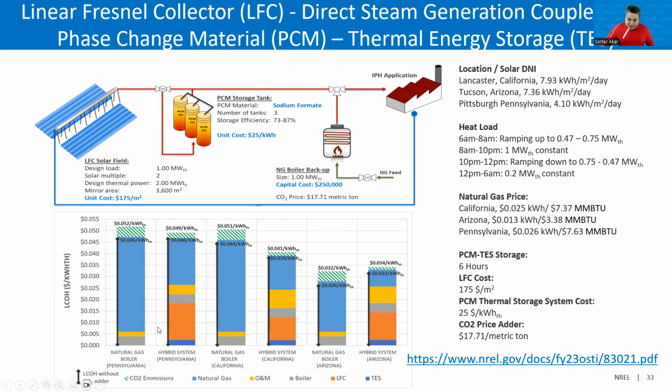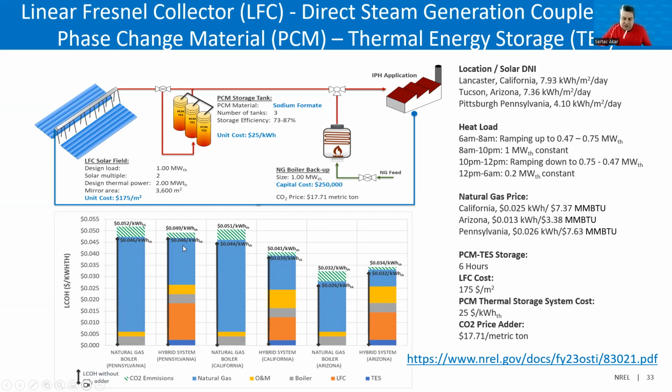And when we compare the standalone natural gas boiler system with respect to a hybrid solar thermal system, we can see the least solar DNI value in Pennsylvania gives us almost equal LCOH with respect to a natural gas boiler system because of adding some share with the solar component and offsetting some natural gas.